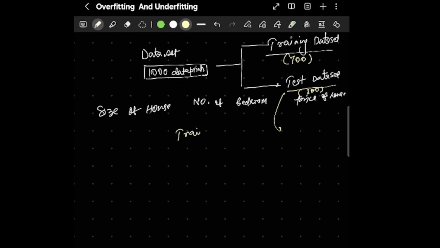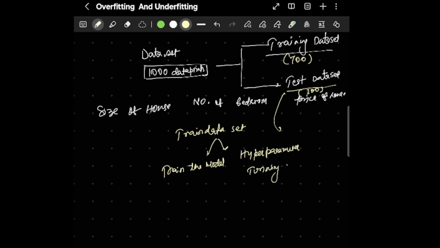The train data set is further split into two parts: one to train the model and a validation set for hyperparameter tuning of your model.